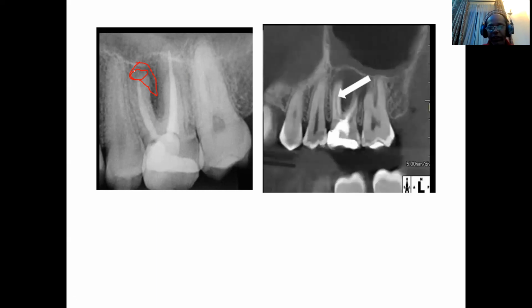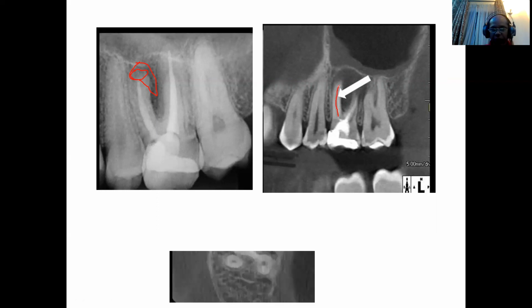Here you can see the CBCT of the same tooth with an axial view, or what is called longitudinal sectioning of the tooth, where you can see a canal present in this mesobuccal root, and this canal is untreated, and that is the MB2 canal. So this is how CBCT helps find that there is an untreated canal in this root.